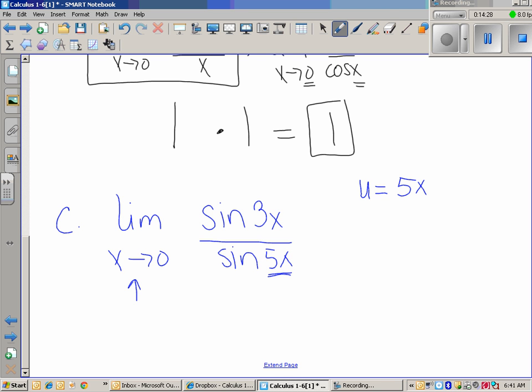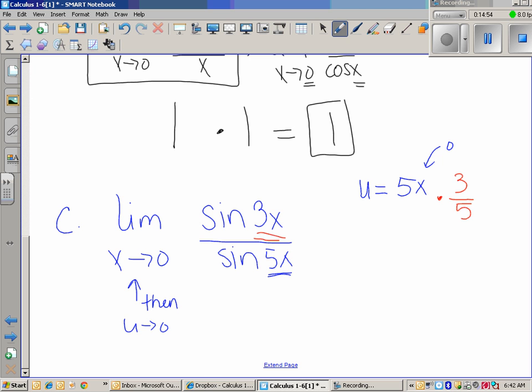Plug in x equals 0, then u is still going to go to 0. Okay, using this identity right here, I would simply plug in 0. So that works there. The second thing I need to do is find a way, because I have this 3x, to make 3x be equal to 5x. So I'm going to show you something. This would be really multiplying by 3/5.